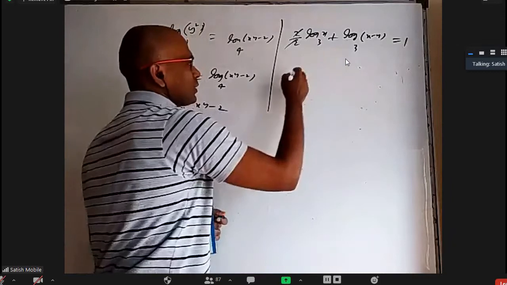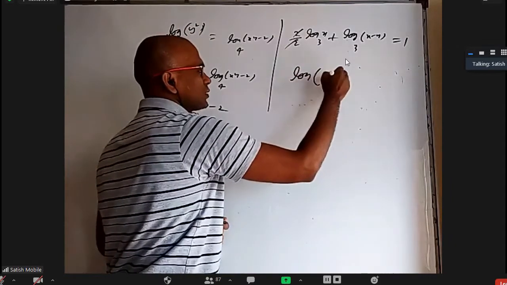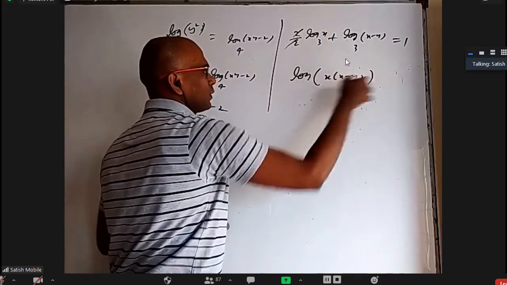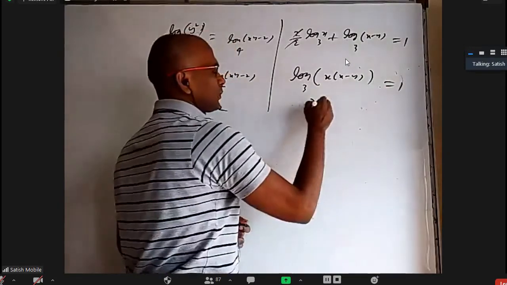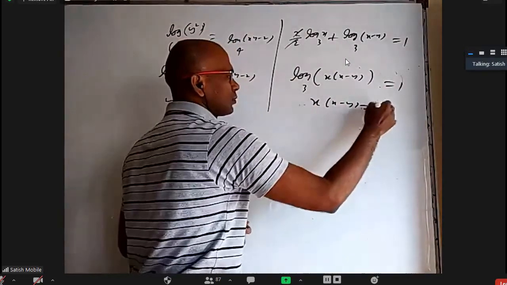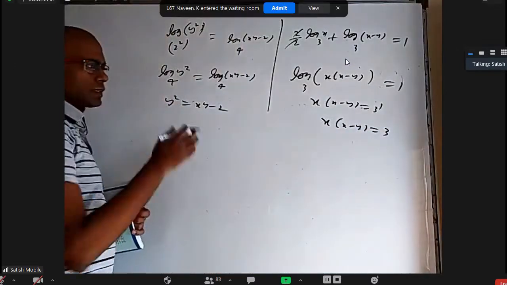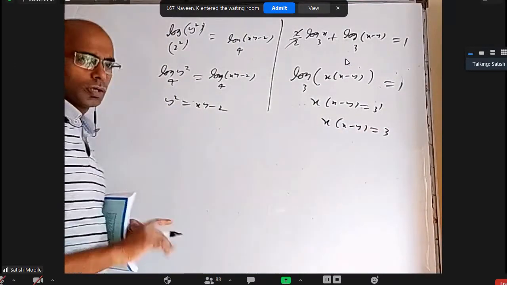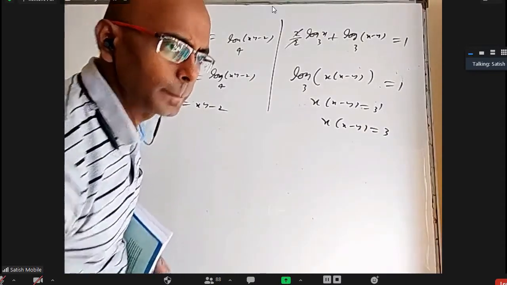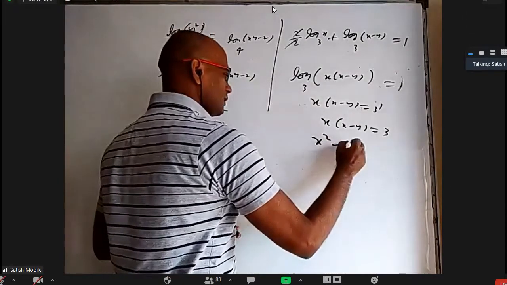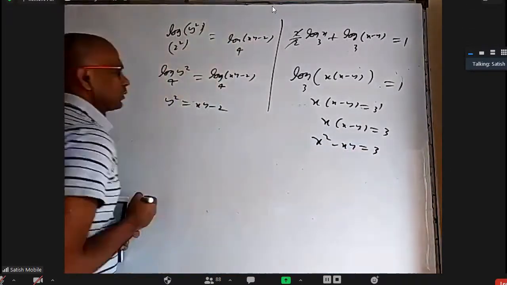Log a plus log b is log ab. So we'll get x into x minus y base 3 equal to 1. X into x minus y is equal to 3 power 1. So basically we have 2 equations and 2 unknowns to solve. X square minus xy equal to 3 and this.